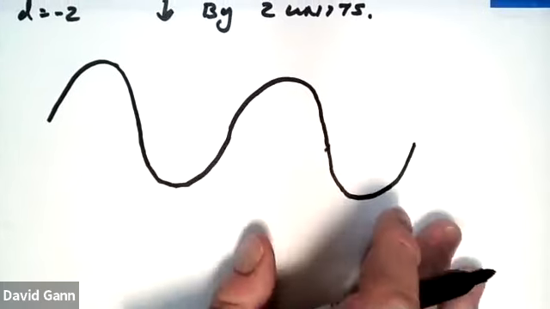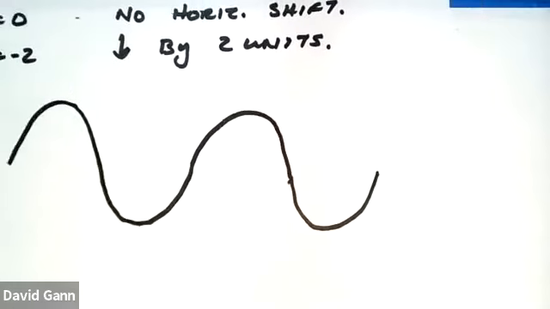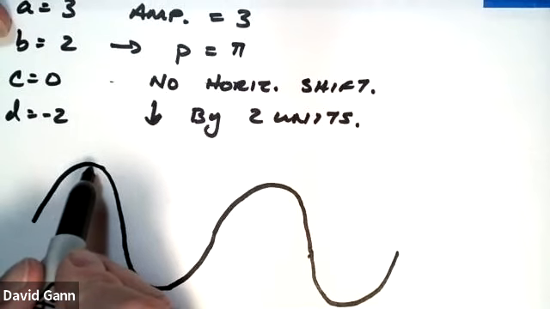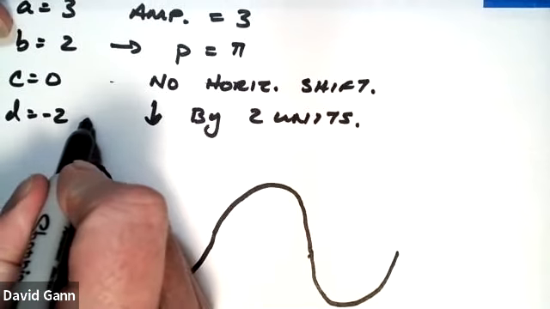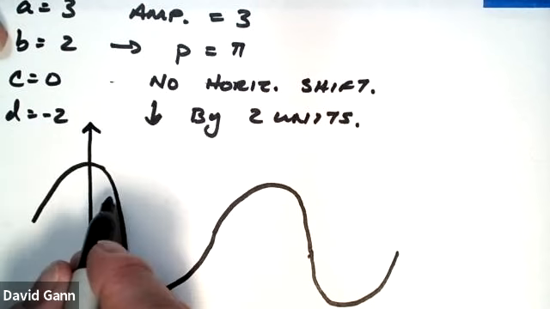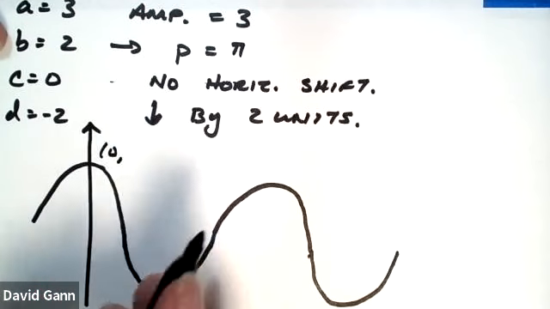But maybe what we could do is plot a couple points. Because there's no horizontal shift, this could represent the starting point. So the y-axis could be right here at that high point, and so this coordinate is an x value of 0.